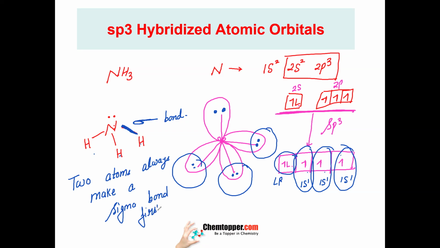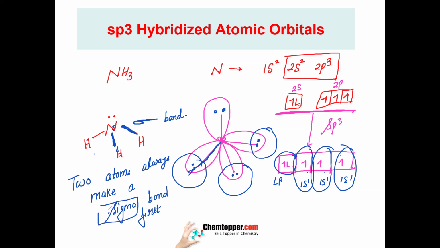And they can make only one sigma bond. Like this nitrogen and this hydrogen can make only one sigma bond. Not more than one. Because they can have overlapping on the axis only once. So one is a sigma bond.